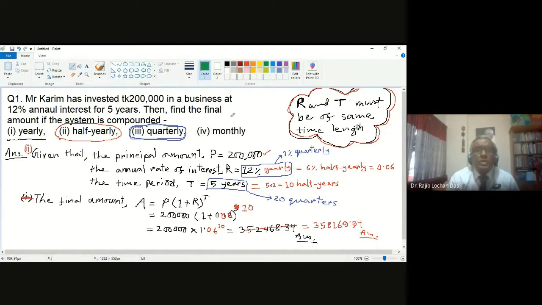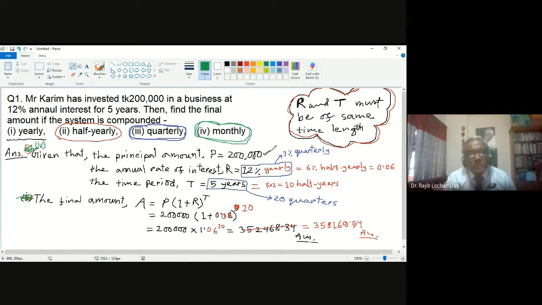Let me show you another calculation for monthly. I'm not showing the calculation for quarterly. So let me show you the calculation for monthly in green color. So this is question number 4. So what will you write? You will write the whole thing again. This is the given principal amount P, 2 lakh.